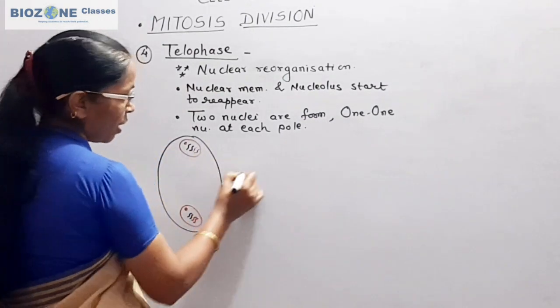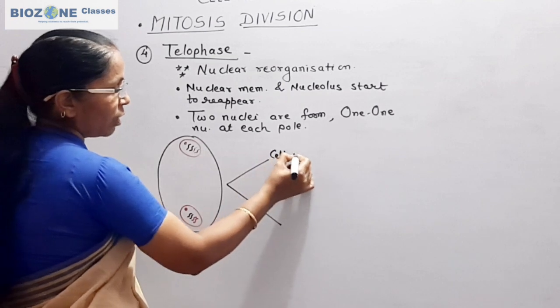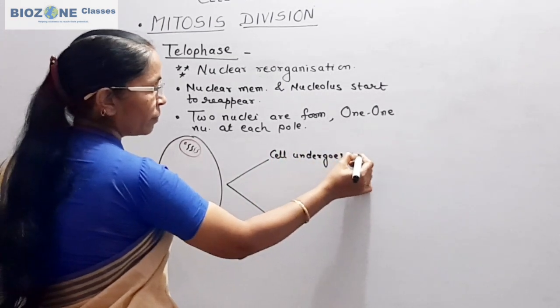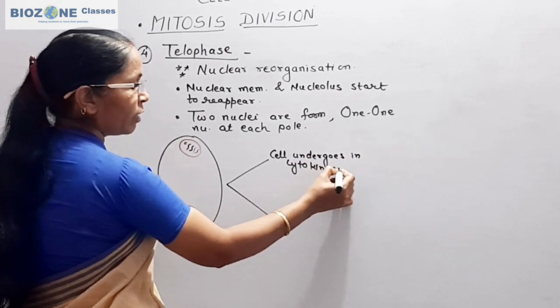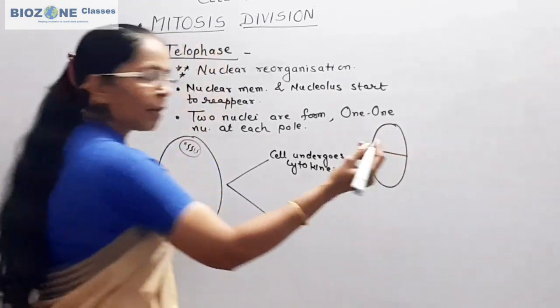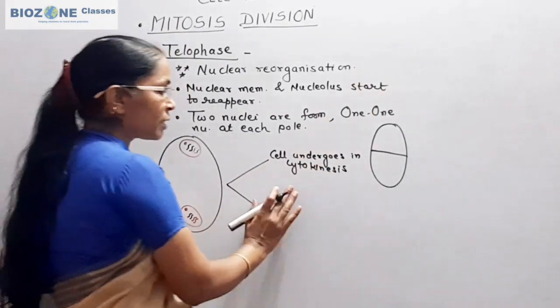How will it be decided? Look here, there are two conditions. Either the cell undergoes cytokinesis, that is the cytoplasm is divided, and whatever cell wall or cell membrane is there in plant and animal cells, that we study in cytokinesis.